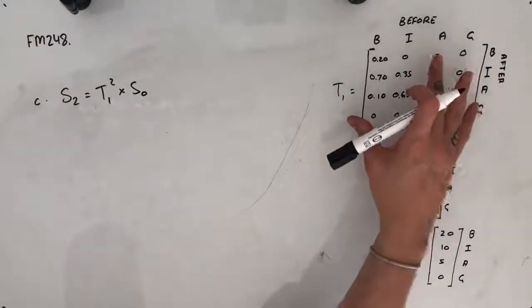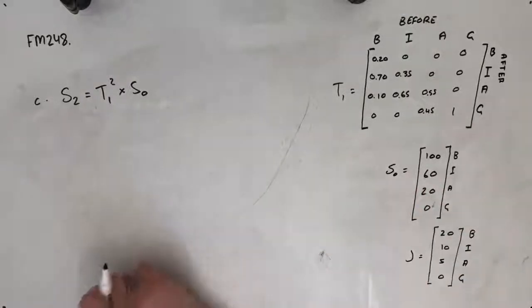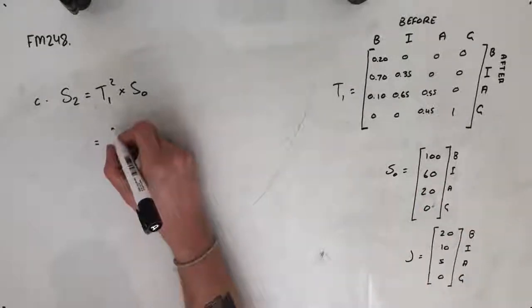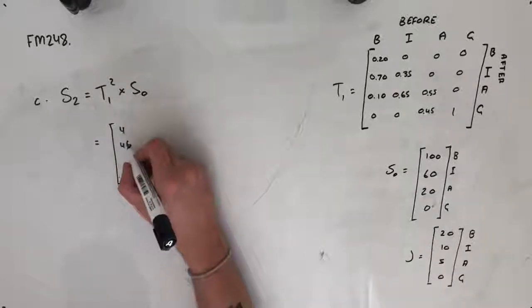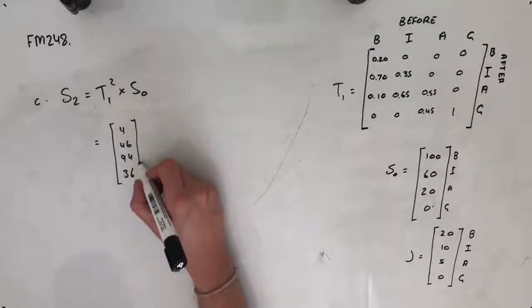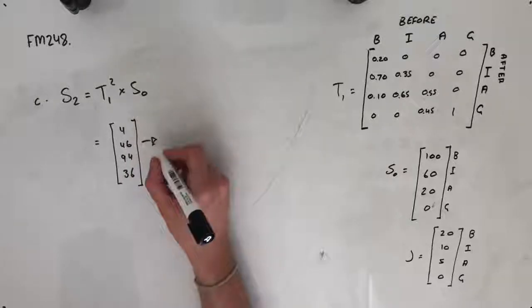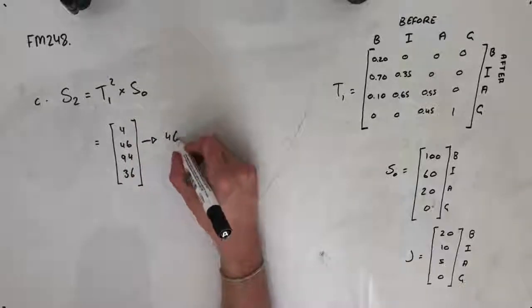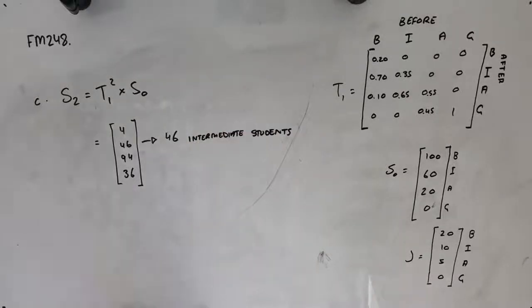So taking this transition matrix, putting it into a calculator and squaring it, and then multiplying that by this state matrix should give you a matrix that looks like this as an answer. So 4, 46, 94, and 36 when rounded, and we are looking for the number of intermediate level students, which means that we have 46 intermediate after 2 assessments.